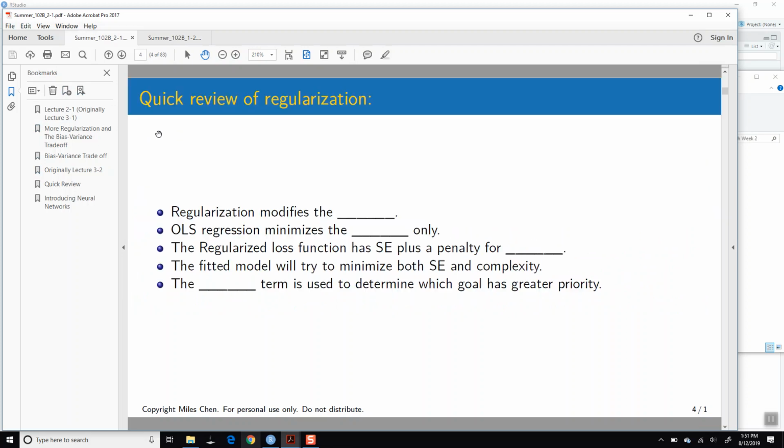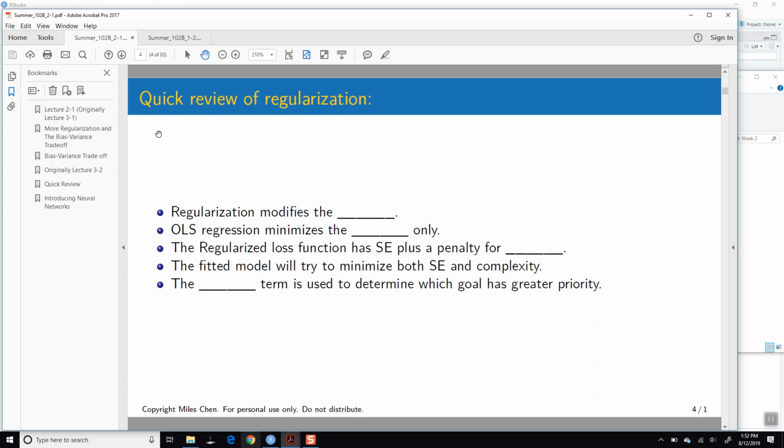Let's keep talking about this. Here's a quick quiz. Regularization modifies the loss function. OLS regression minimizes the mean squared error or sum of squared residuals, RSS only.